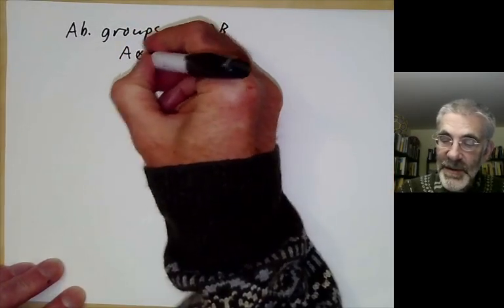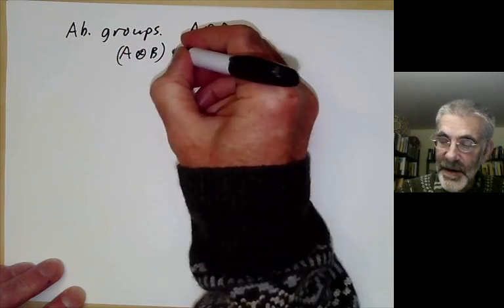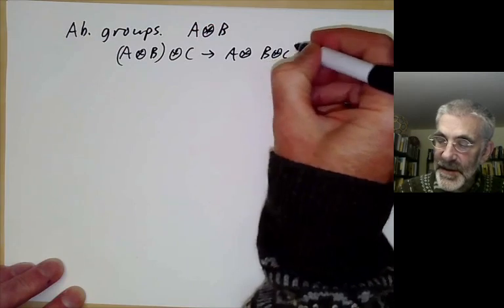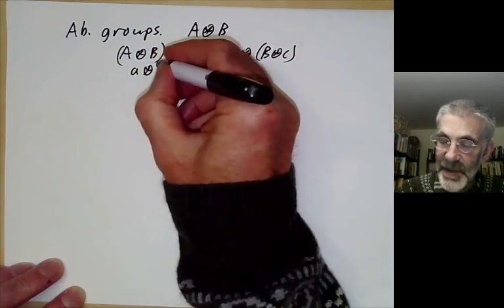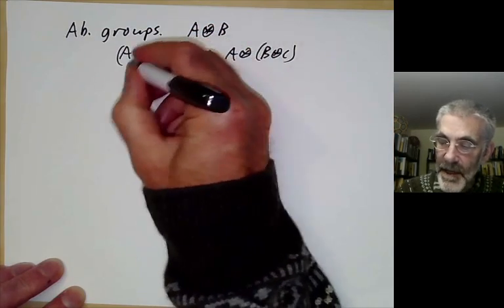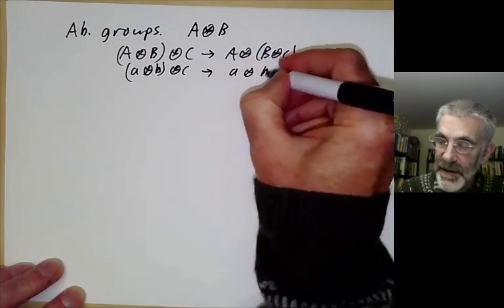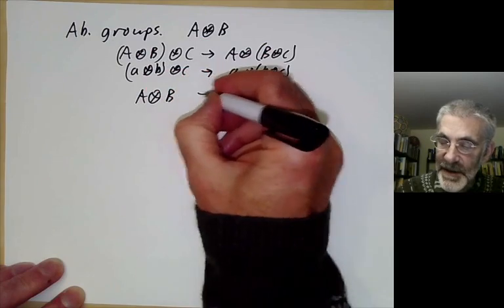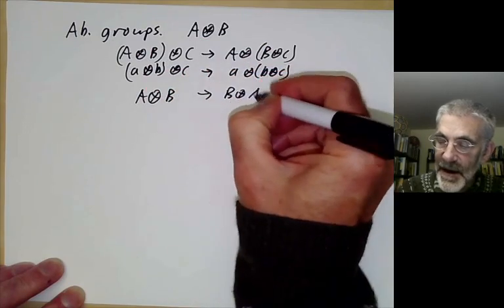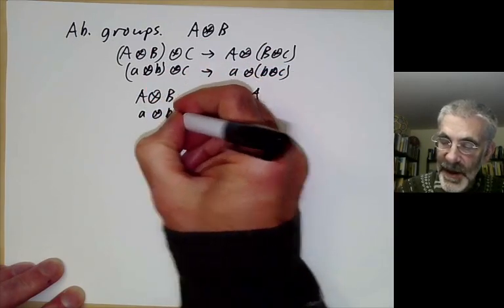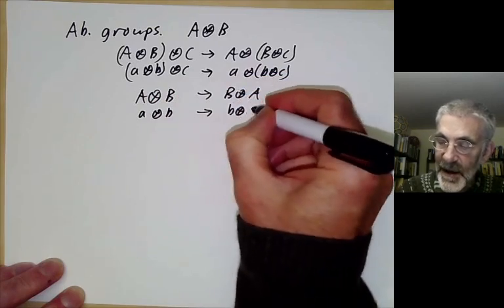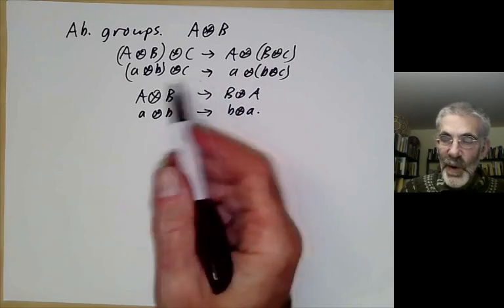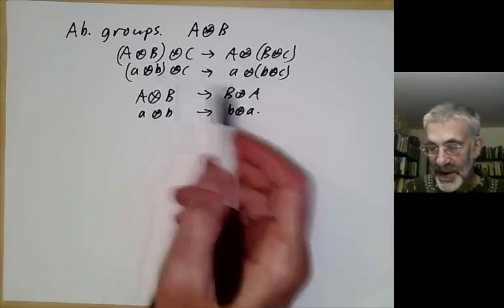And then we need an isomorphism from A tensor B tensor C to A tensor B tensor C, and we need an isomorphism from A tensor B to B tensor A, which takes A tensor B to B tensor A. And this is obvious and trivial, and you wonder why you even bother writing down something so obvious.